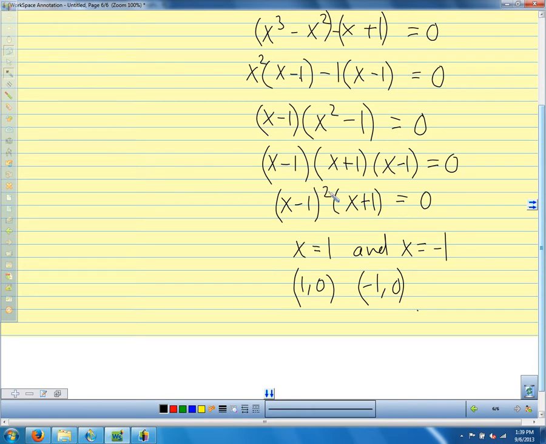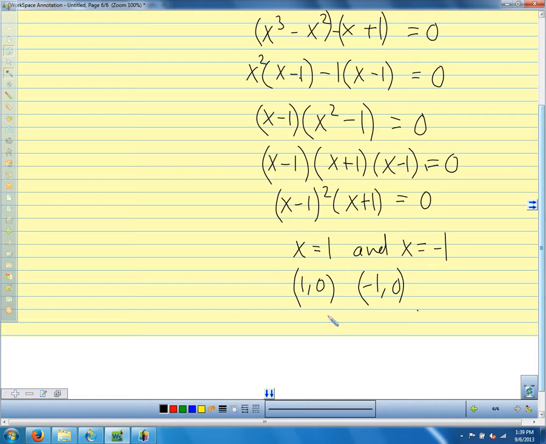So it's repeated and its multiplicity is 2 because I have two factors of x minus 1. So x equals 1 shows up twice here. So x equals 1 is going to show up twice in our list of solutions. So we call that a repeated 0, and the number of times it repeats is its multiplicity.